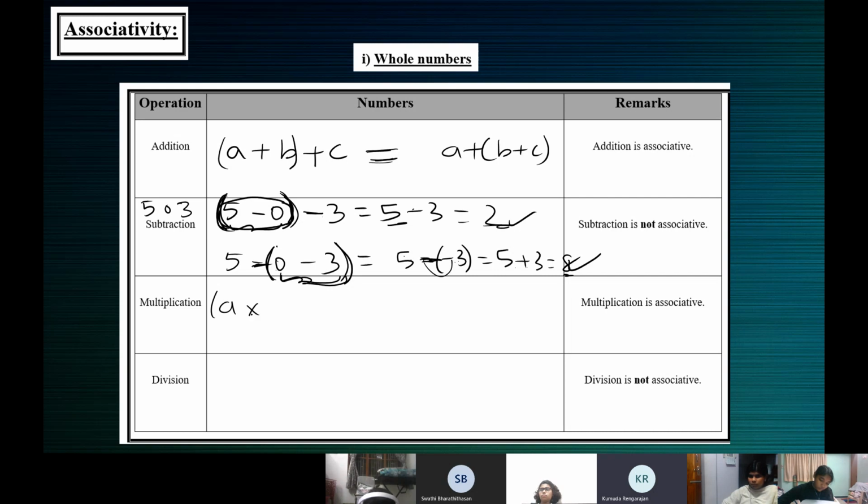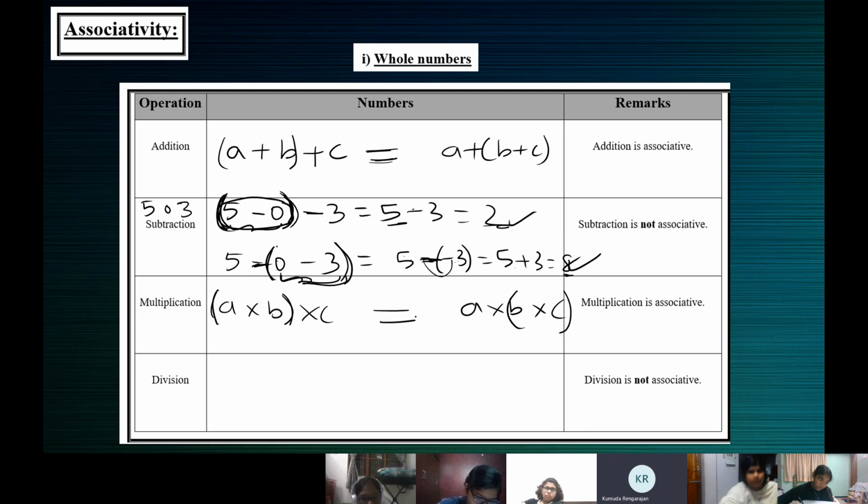Okay, so see here, A, B, C are three numbers. When you multiply them in any order, the product will be the same. Supposing you do A, B first, and here you do B and C first, you will get the same answer in both.